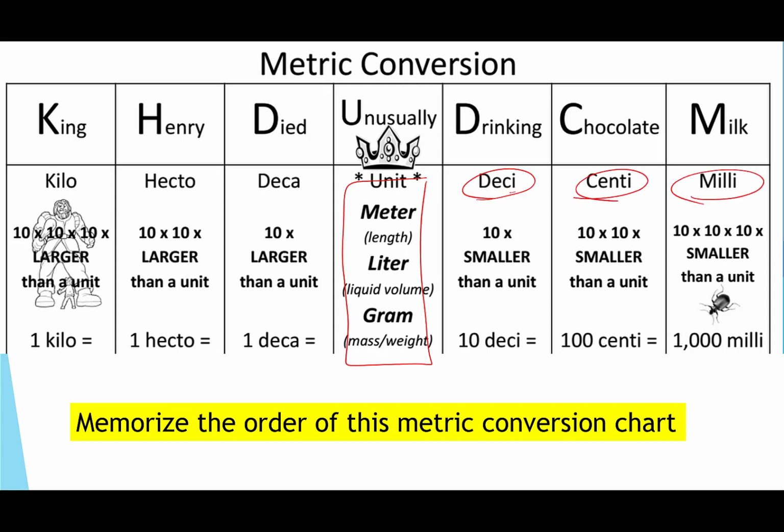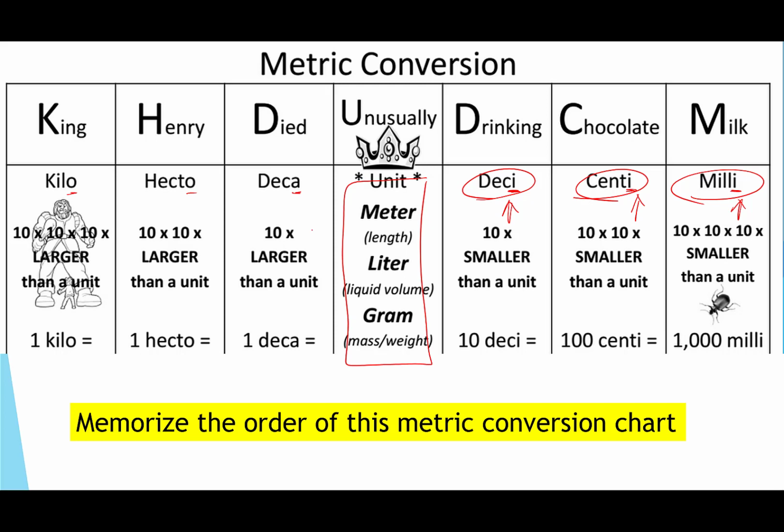I want you to notice they all end with an I. And then the larger ones are kilo, hecto, and deca. Deca and deci are easy to get confused, but just remember that all of the ones that end in I go together, and the other ones, kilo, hecto, and deca, end in A or O. Maybe that will help.